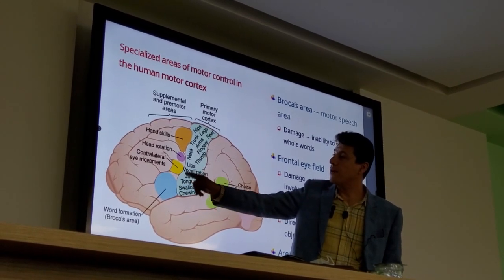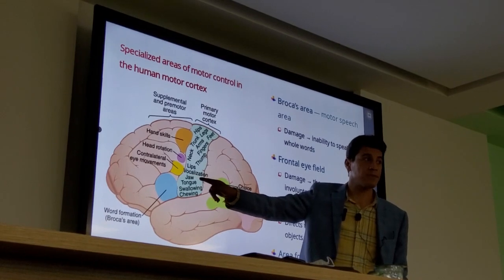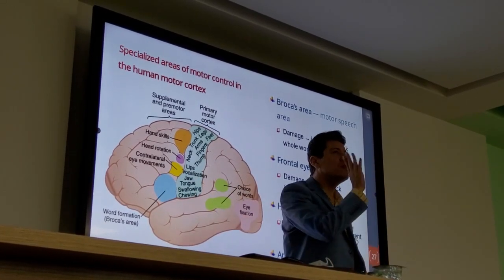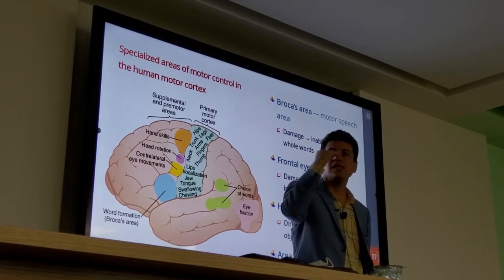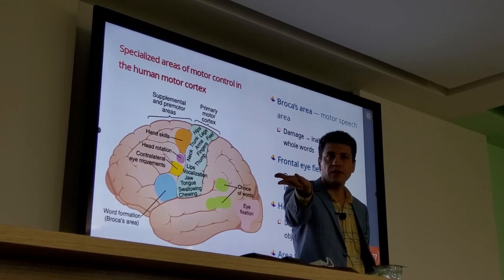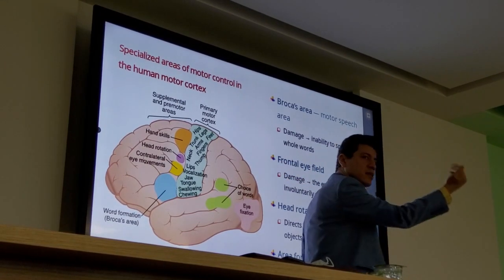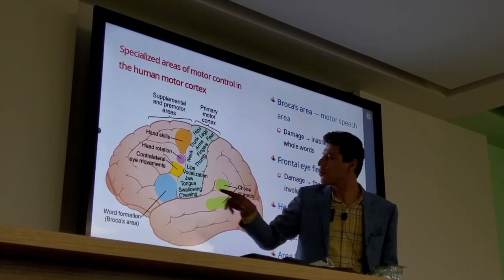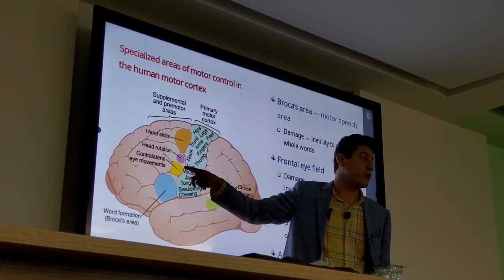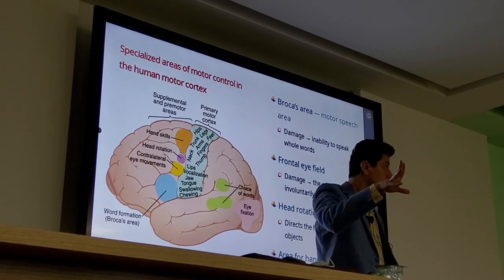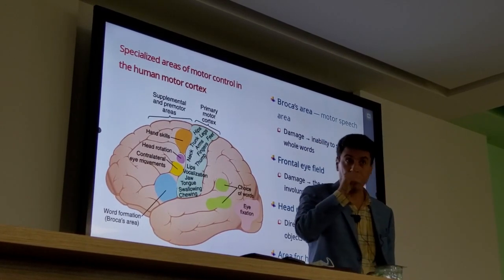Above this, we have an area related to the eye movement. So voluntary eye movement. So when you voluntarily move your eyes and see, for example, this person, and then you change your view and see another person, so your eye movement is controlled by this area of the brain. When you do this voluntarily, when you do this purposefully, right?